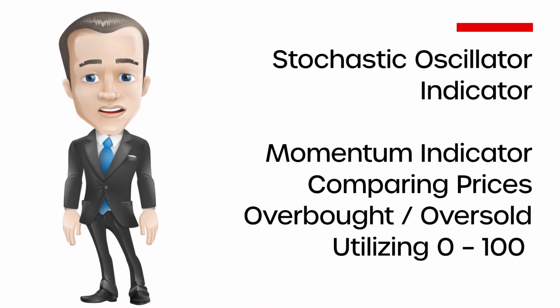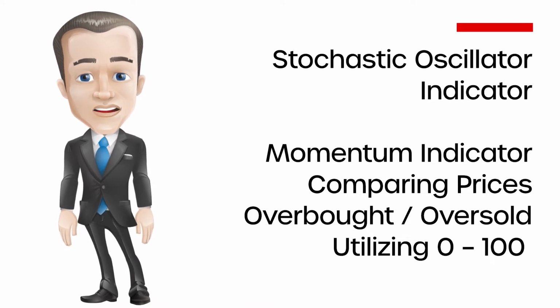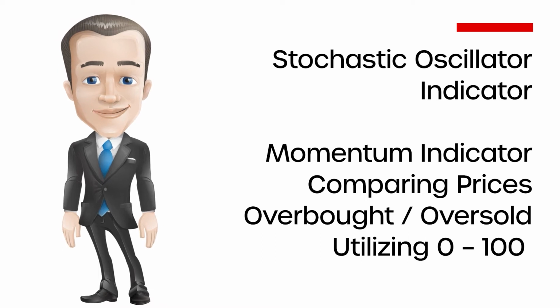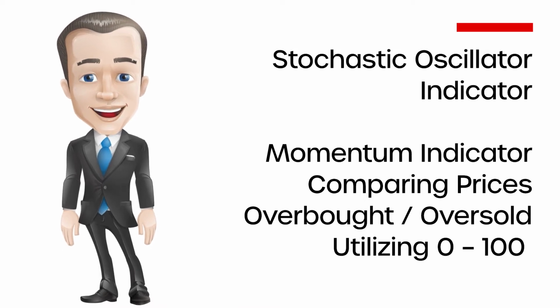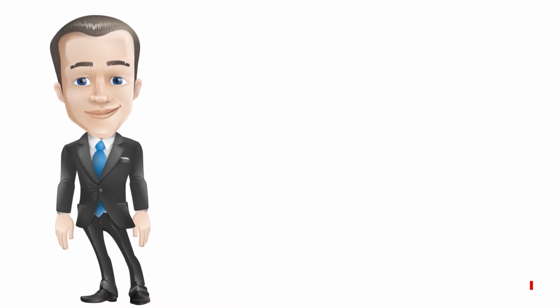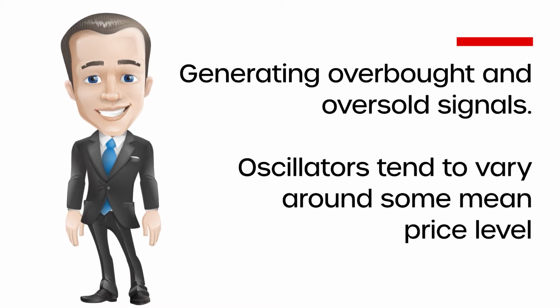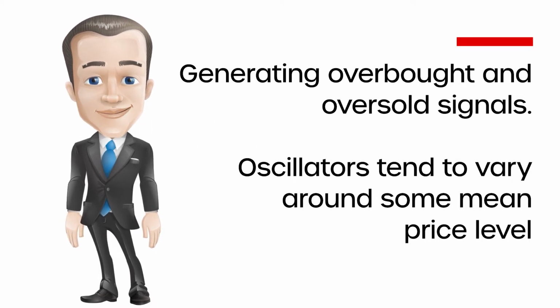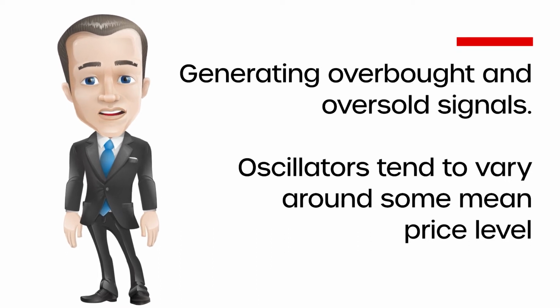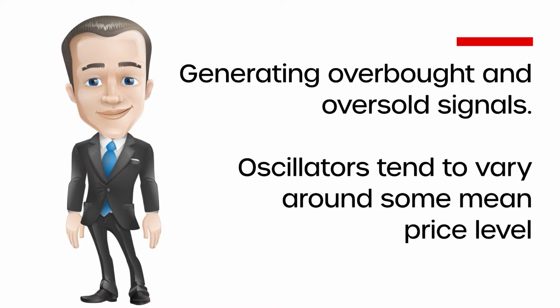It is used to generate overbought and oversold trading signals, utilizing a 0 to 100 bounded range of values. The stochastic oscillator is a popular technical indicator for generating overbought and oversold signals. It's a popular momentum indicator first developed in the 1950s.